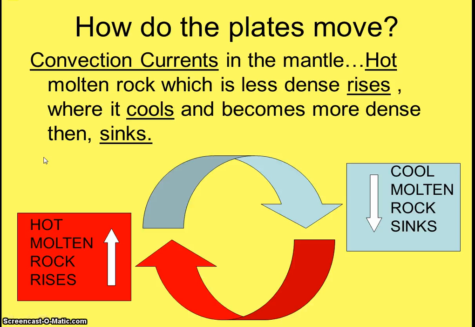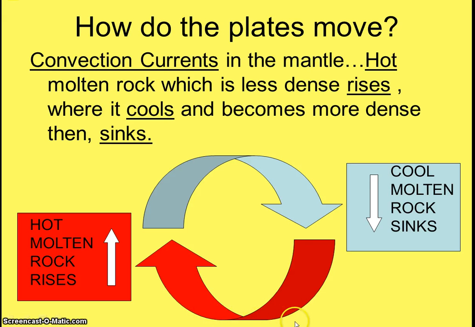All right, right here at the very last section, how do the plates move? Well, those convection currents that you saw in that picture help to move the crust along. It pulls it around. And what creates a convection current is when you have hot molten rock that's less dense that's going to rise. So remember, the heating place in the earth is the center.